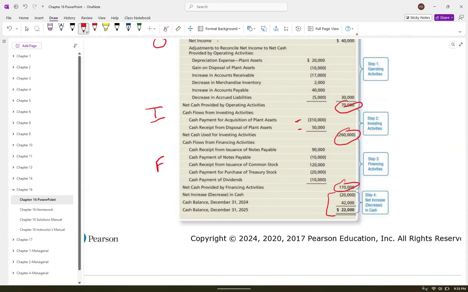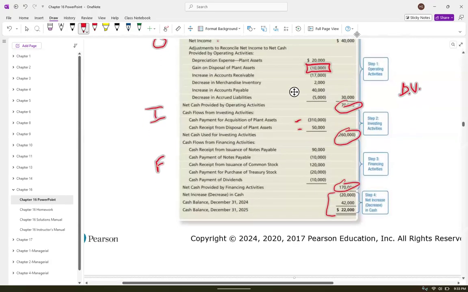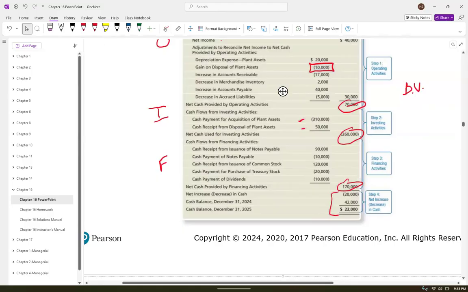So why do I have this $10,000 gain up here? Well, notice that the $10,000 gain and the $50,000 proceeds equals the book value of that asset. We subtract the gain because the gain was in that net income. We don't want it in that net income. That gain has to do with investing activities, so we are going to subtract that gain out of there.